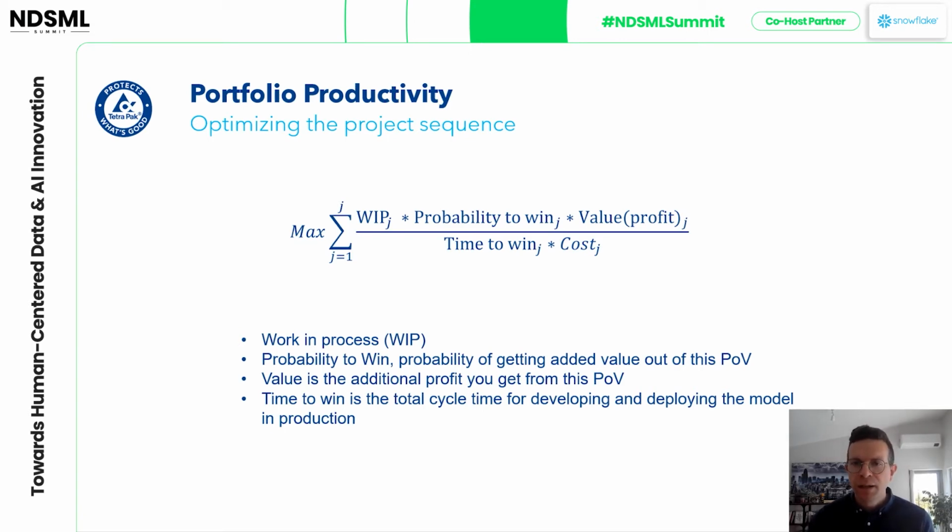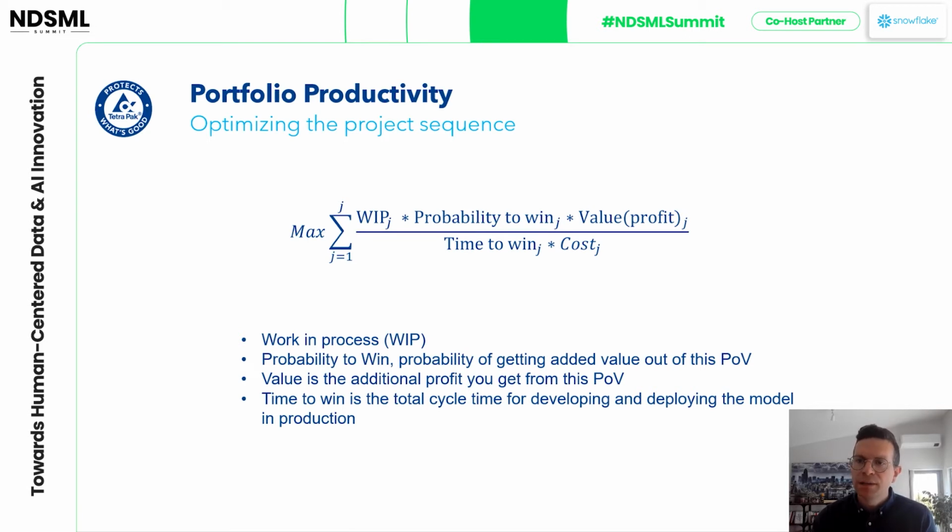Of course, each project should be scored or weighted times the probability to win. This is evolving along your iterating in your fact-based journey. You will get a more probable win. And then you have the value profit. You have the additional value that you have accomplished.